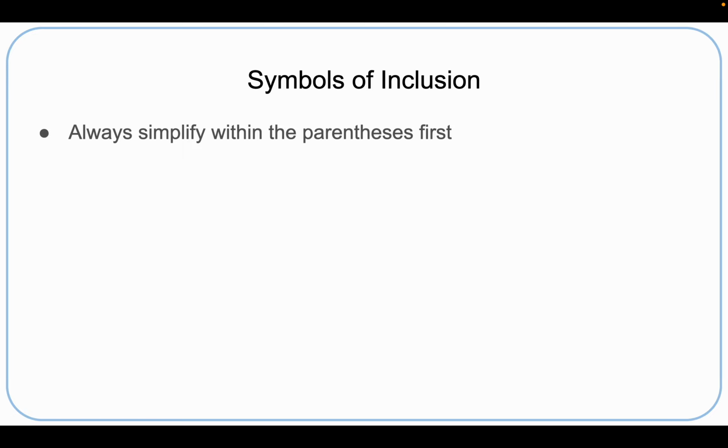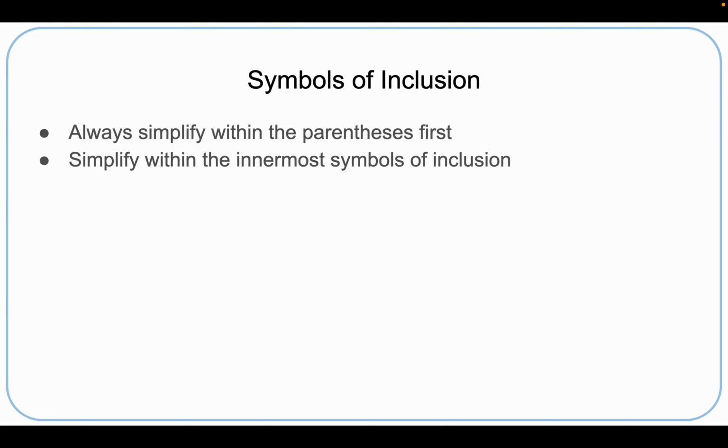And when we're simplifying expressions with symbols of inclusion, you always want to simplify within the parentheses first. And if you have multiple sets of parentheses or brackets, simplify within the innermost symbols of inclusion first, and then work your way out.